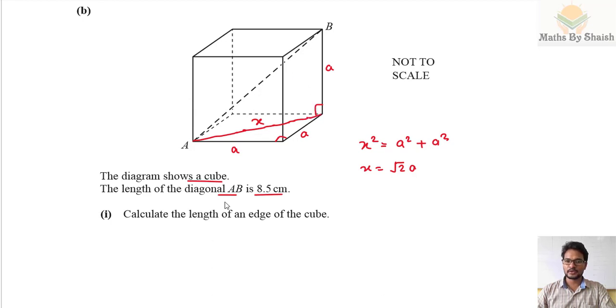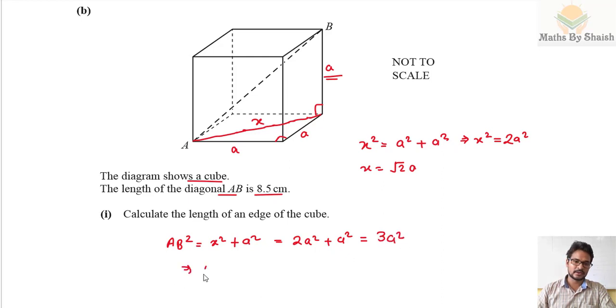So we will use the Pythagoras theorem again, and this time AB square equals x square plus a square, and x square is 2 times a square, hence we got 2a square plus a square, that is 3a square, and hence we got AB as root 3 a.